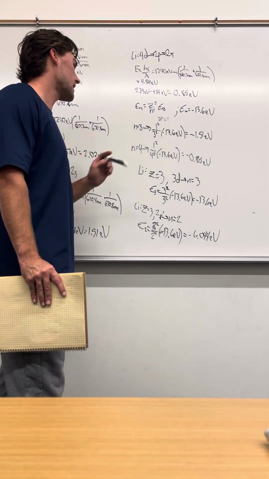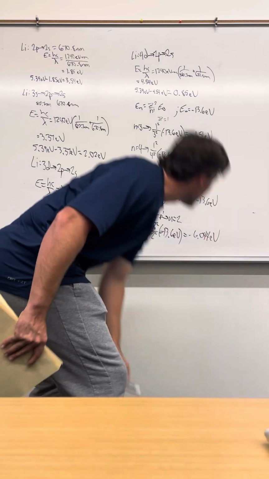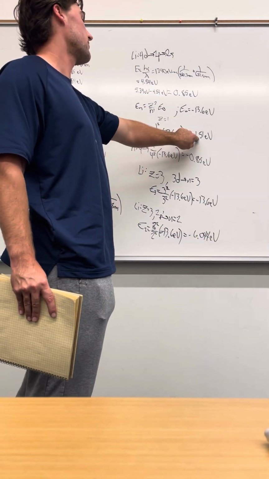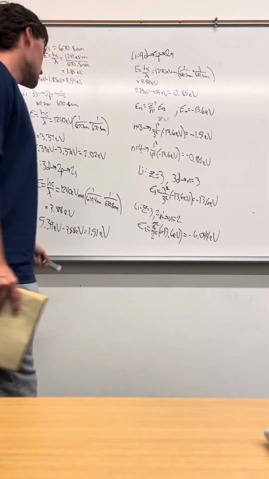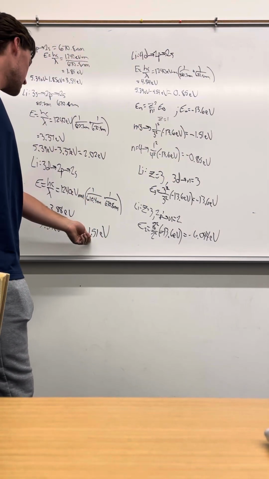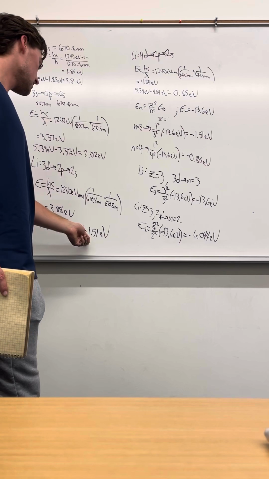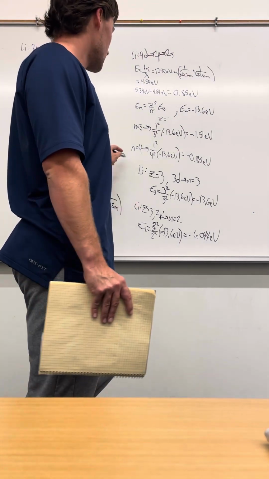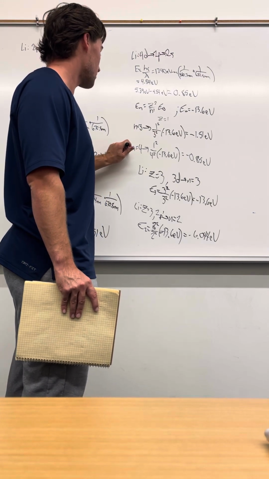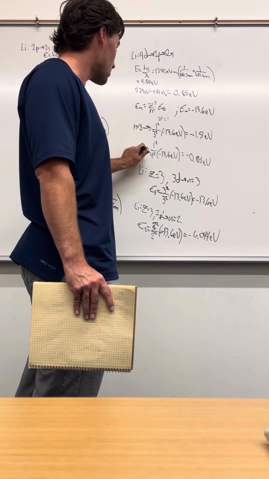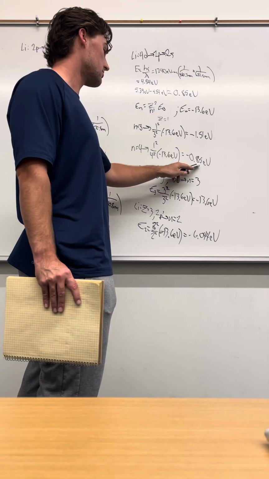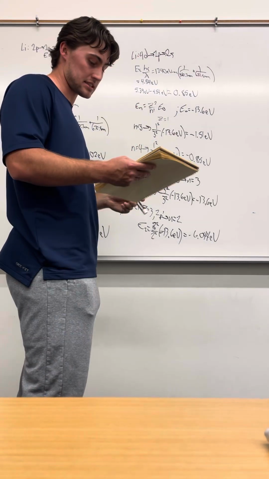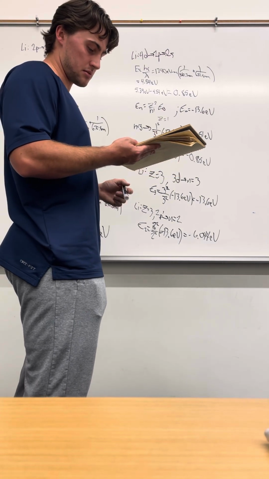So plugging that in at n equals 3, we get a value of negative 1.51 eV, which is the same value here as our 3D ionization energy of the lithium atom. Using the hydrogen-like model for n equals 4, we get 0.85 electron volts, which again matches up really nicely. These values are pretty much the same.